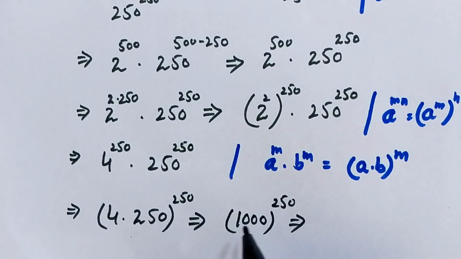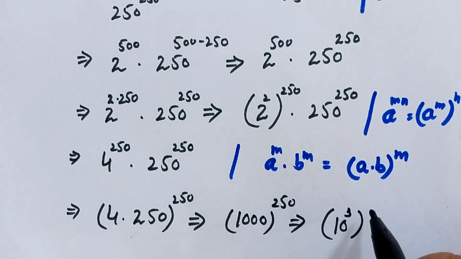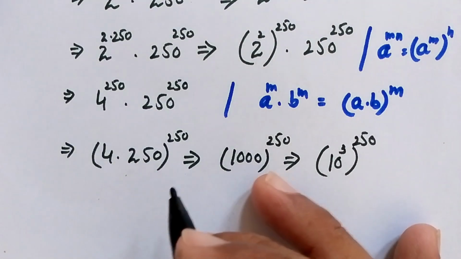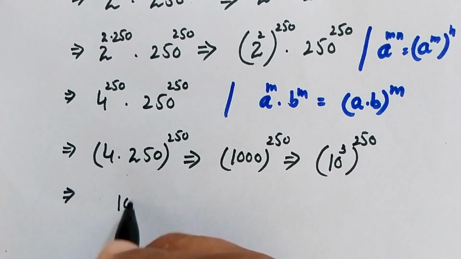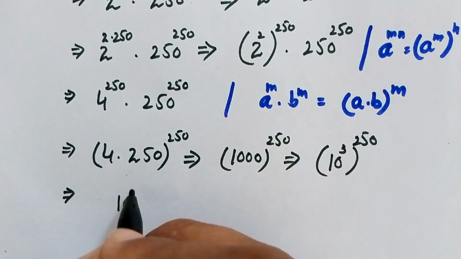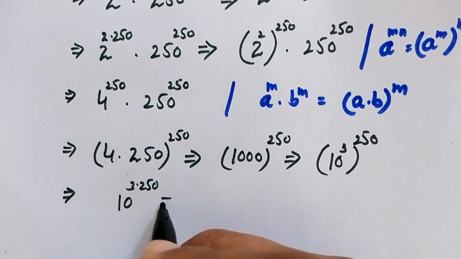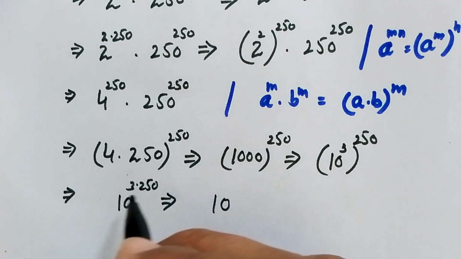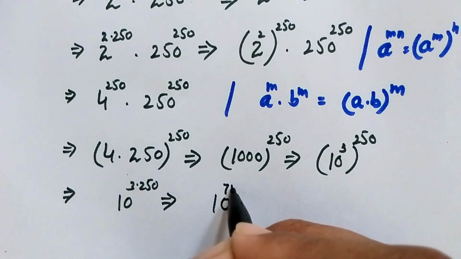We know that 1000 is equal to 10 to the power of 3, and to the whole power of 250. In the next step, 10 to the power of 3 times 250, which is equal to 10 to the power of 250 times 3, equal to 750.